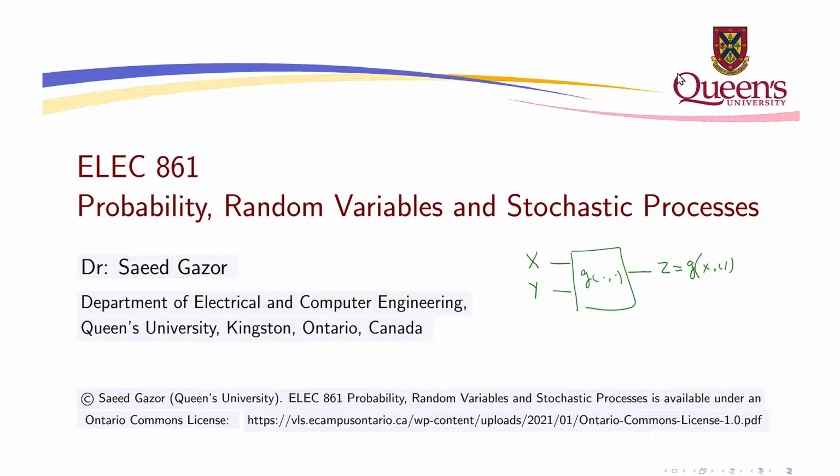So far, we got a big picture of the problem, which is how to find a joint distribution, the distribution of one function of two random variables. So in the previous video, we defined dz.